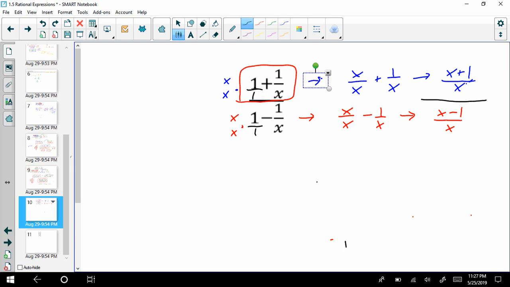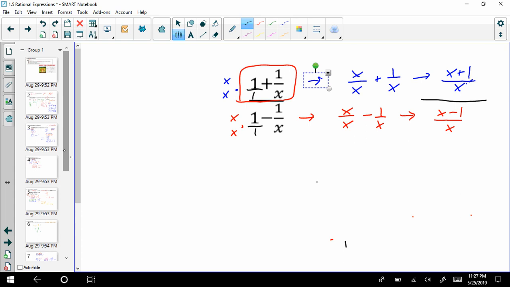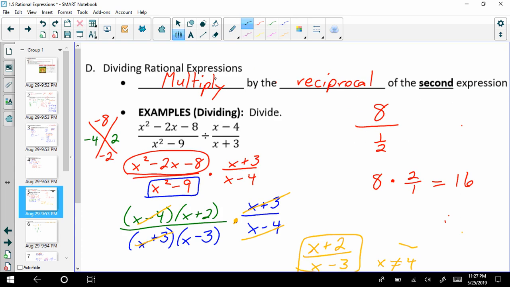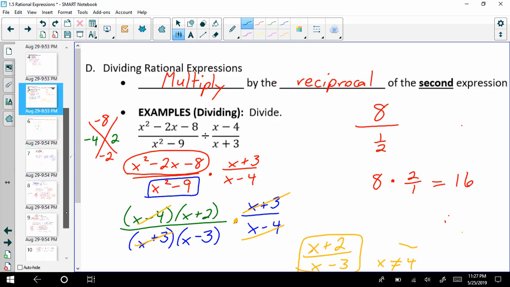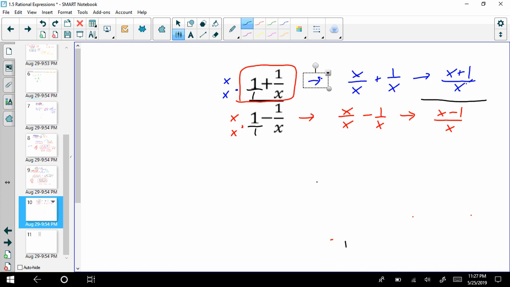But I'll tell you, once you have it down to one fraction up top and one fraction in the bottom, there's one step left. And it's what we talked about when we did the dividing problems earlier. We multiply by the reciprocal of the second expression. So I'm going to take my blue, and instead of dividing, I'm going to multiply by the reciprocal of the red one.